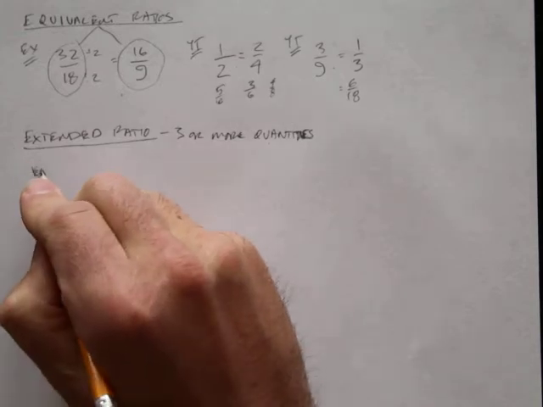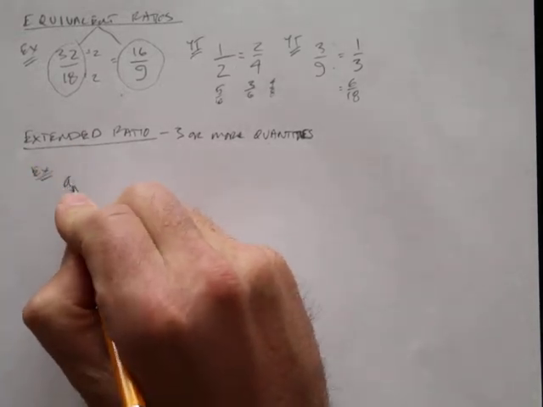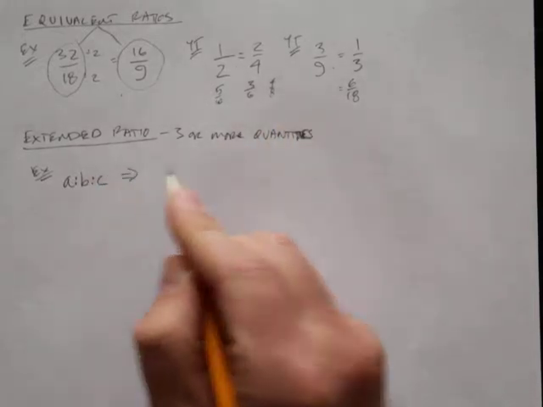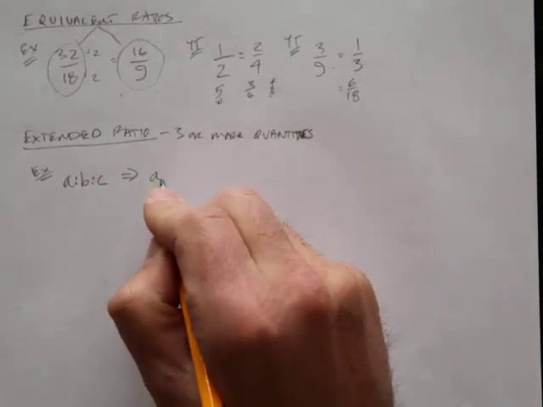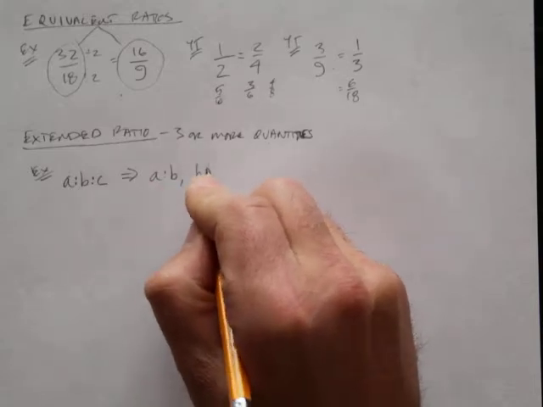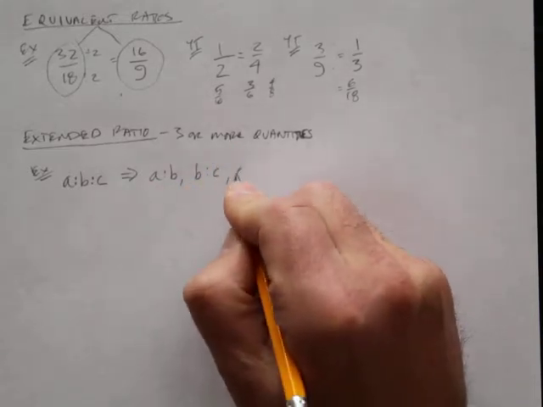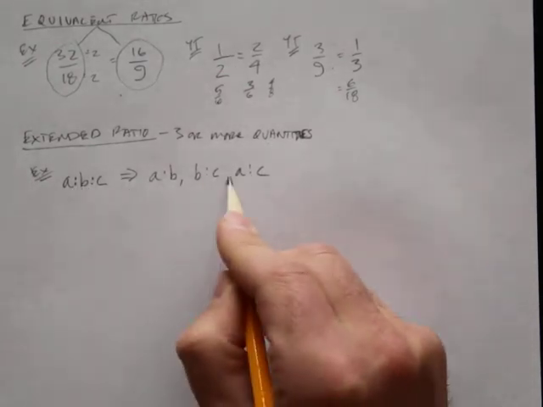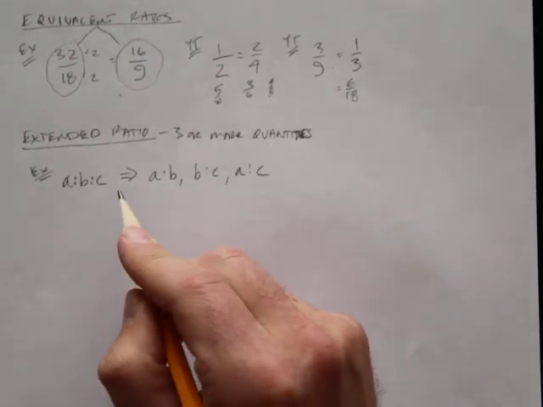So here's your example. It might look like this: A to B to C, which you could write as A to B, B to C, and A to C. So these would all be ratios that would be made up of this.